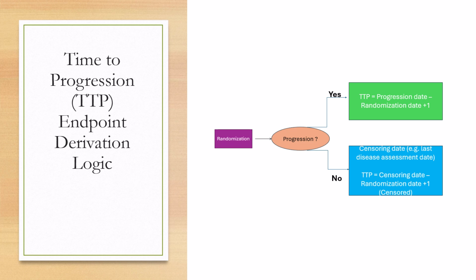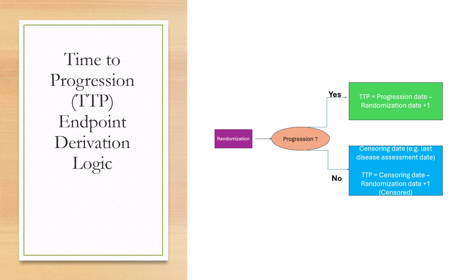As we have discussed, the time to progression is the time from start of treatment or randomization to the first occurrence of disease progression. Disease progression, as we have discussed, is at least a 20% increase in the sum of the longest diameter of target disease lesions, or the appearance of new lesions, or the worsening of symptoms indicating disease progression.